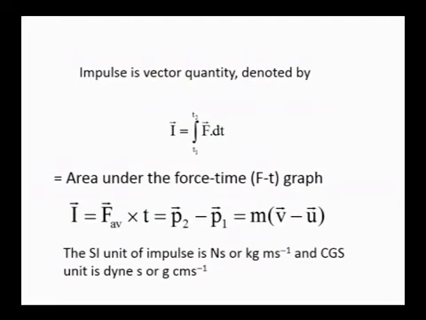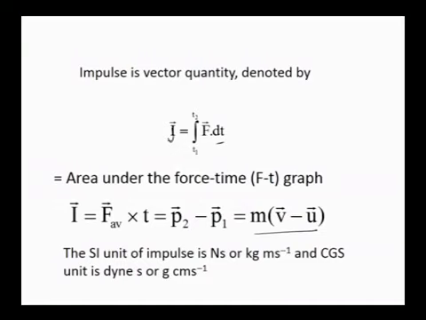Impulse, like force, is also a vector quantity, and it is written as J. Vector J is the integral from T1 to T2 of F dot dt, where dt is the small interval we were talking about, and the area under the force-time graph gives us the change in momentum, m into v minus u.